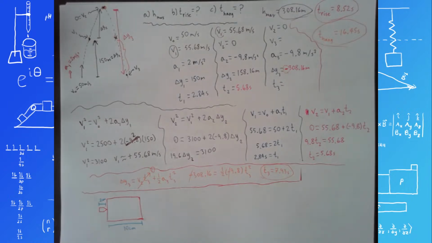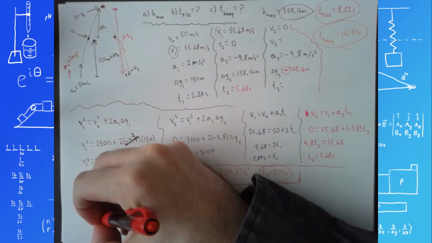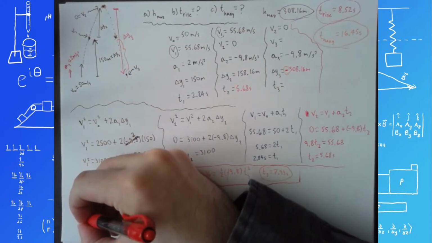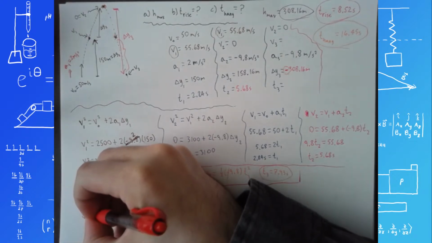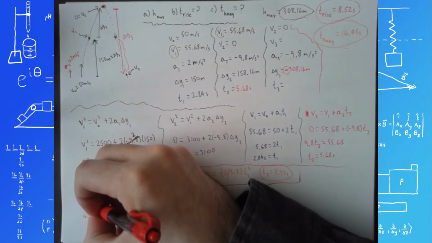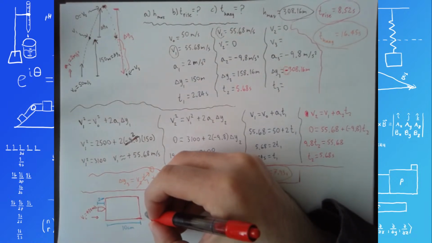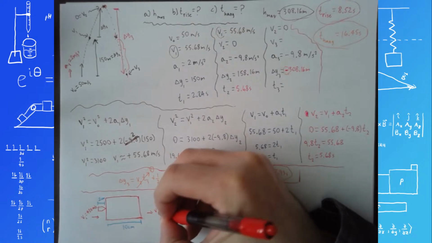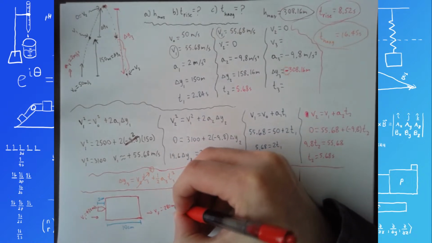And it says it enters with a velocity of 420 meters per second. So I'm going to call that V initial. V initial equals 420 meters per second. And it emerges with V final equals 280 meters per second. And we know how bullets work.